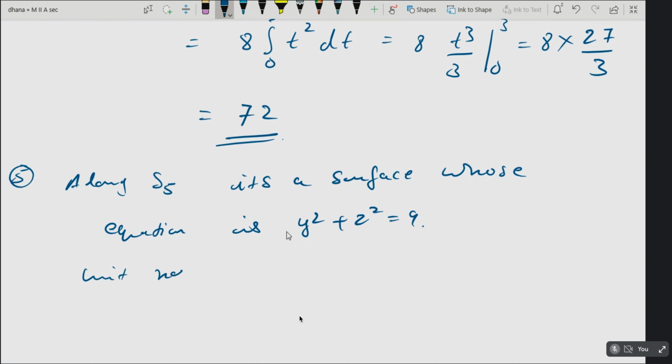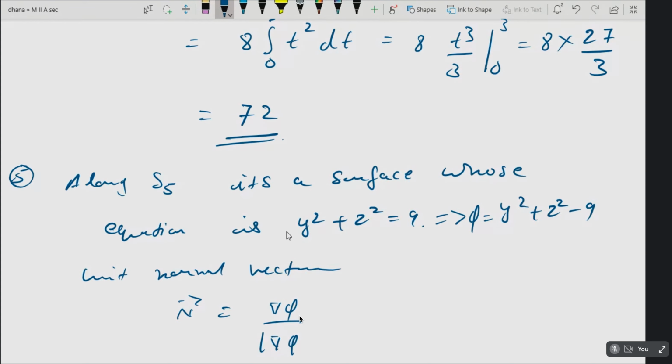Yes, ma'am. The outward unit normal vector to this surface, n bar, will be equal to what? Gradient of phi divided by mod of del phi. So you assume phi to be y square plus z square minus 9. So del phi by mod of del phi, you calculate and tell me this answer fast.